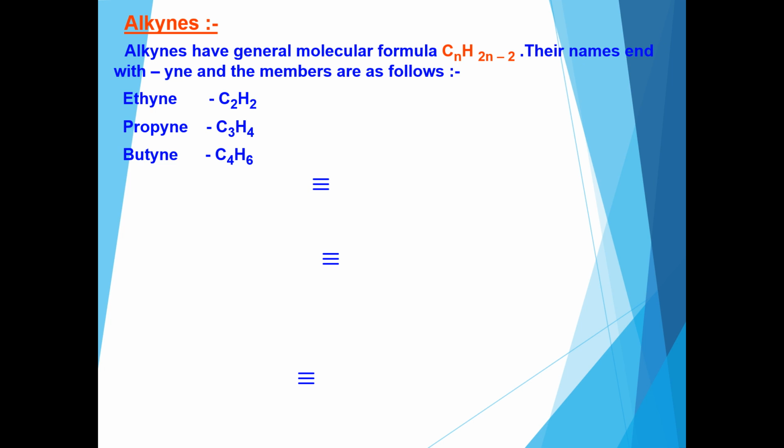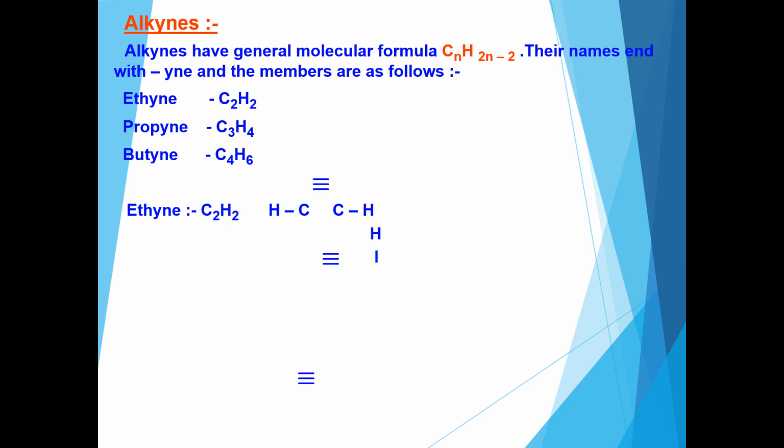So first member will be with n value equal to 2. If we fill the value of n equals to 2, we'll get the first formula C2H2, which is ethyne. With n equals to 3, C3H4, propyne. With n equal to 4, C4H6, which is butyne.